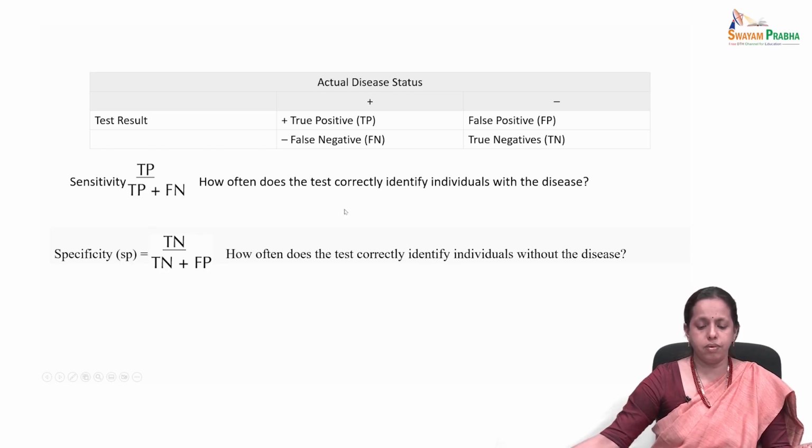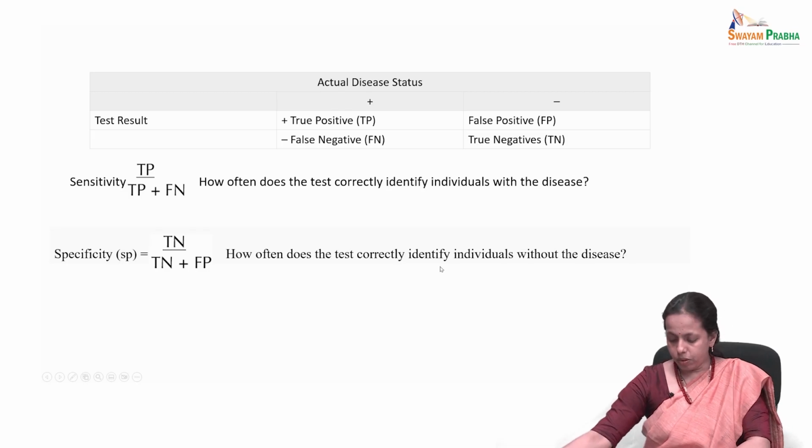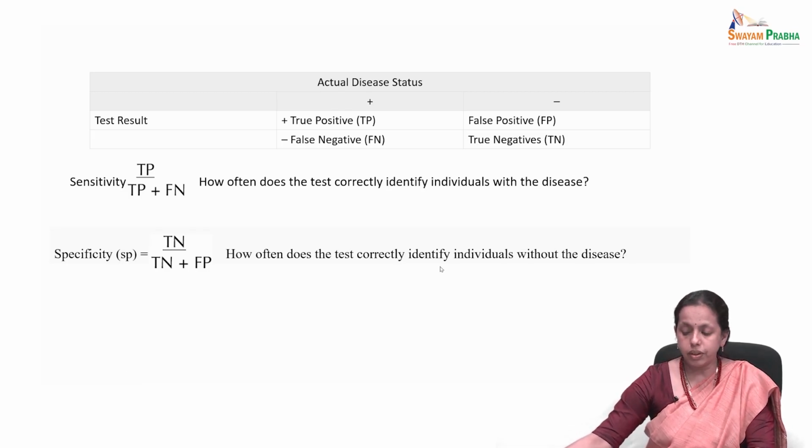You determine the sensitivity: how often does the test correctly identify individuals with the disease? It should be able to pick up all the positive patients. And then specificity, with all these different formulas: how often does the test correctly identify individuals who do not have the disease?